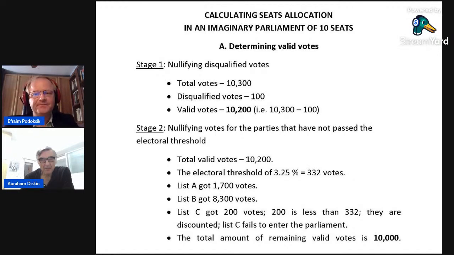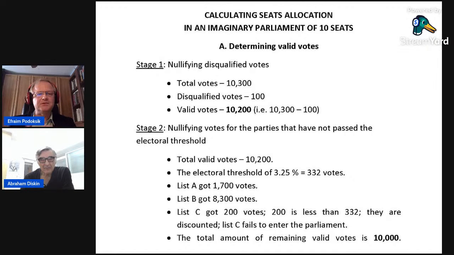What happens then? First, there are always some votes, not a very big amount, which are recognized as illegal, as disqualified. Why? Because the voters did something wrong. For example, they put two pieces of paper of two different parties. This is not allowed, and this vote gets disqualified. There are some other situations in which a vote can be disqualified, and these votes are just removed from the total.